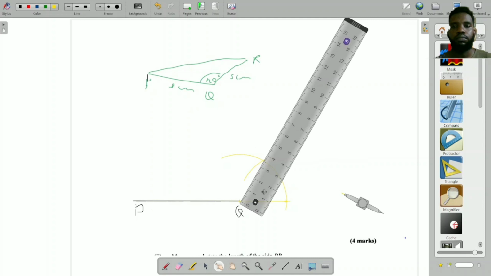So that is 0. Alright. Now I'm going to be using a solid line because I'm sure of what I want. I want this solid line to go to 5. So let me use a black line, exactly 5 centimeters.